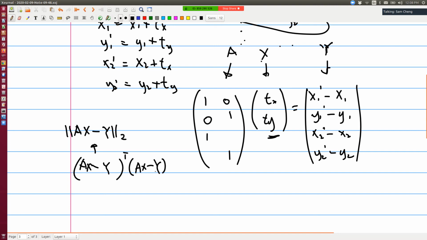And then last time we said if we find the minimum there, we take the derivative with respect to x, then we will get a solution something like x is equal to y A transpose, A transpose A inverse, something like that. So this is basically known as a pseudo inverse.